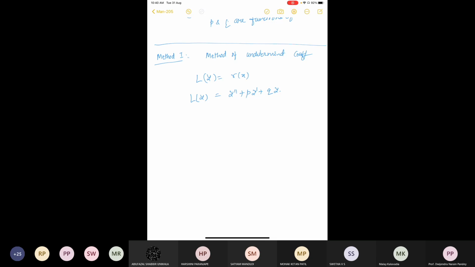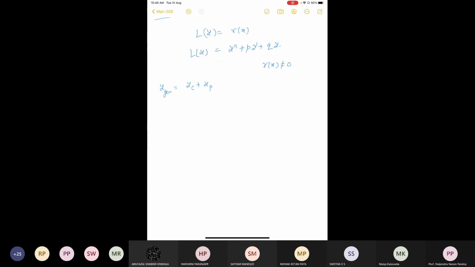Everything here can be generalized to higher order. I'm assuming that r(x) is not identical to 0, and we can write the solution as yc(x) plus yp(x). We want to find the general solution, yc plus yp. First let us find yp. So there are different cases: case 1, case 2, and case 3.